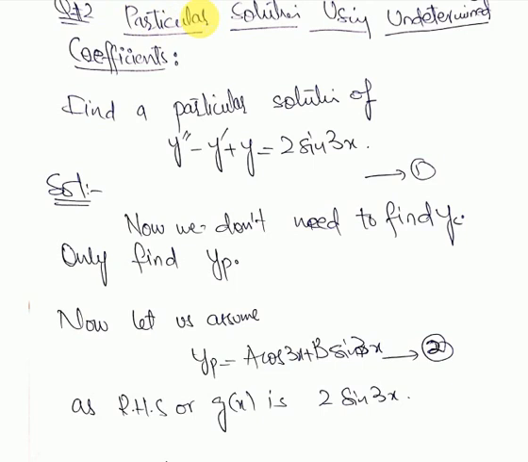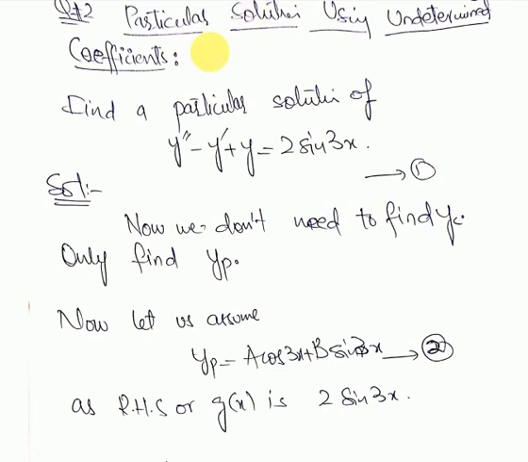Here we are finding only the particular solution, which means we don't need to find yc. We will find only yp, because we were asked to find the particular solution using undetermined coefficients.